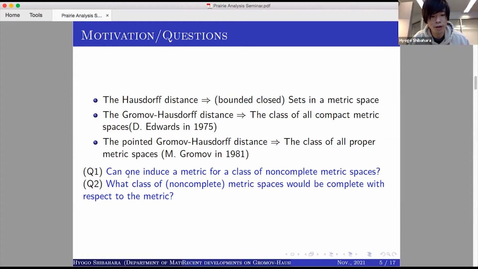So question one is, can one induce a metric for a class of non-complete metric spaces? In question two, if we can define a metric on a class of non-complete metric spaces, then what class of non-complete metric spaces will be complete with respect to that metric? Those two questions will be answered in this talk.